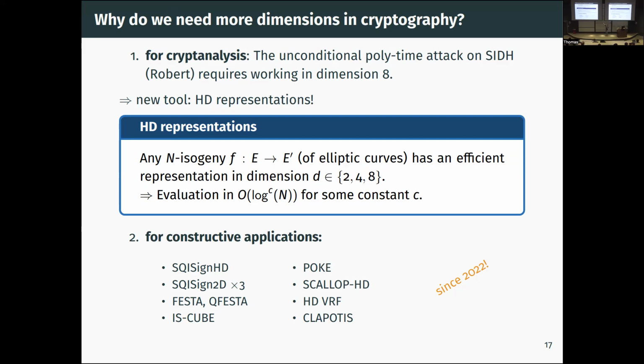They also use torsion point information, and actually I think all these schemes have in common that at some point they compute an isogeny in dimension 1, and then they use this HD representation to represent it in dimension 2. This HD representation can then be used as a trapdoor.